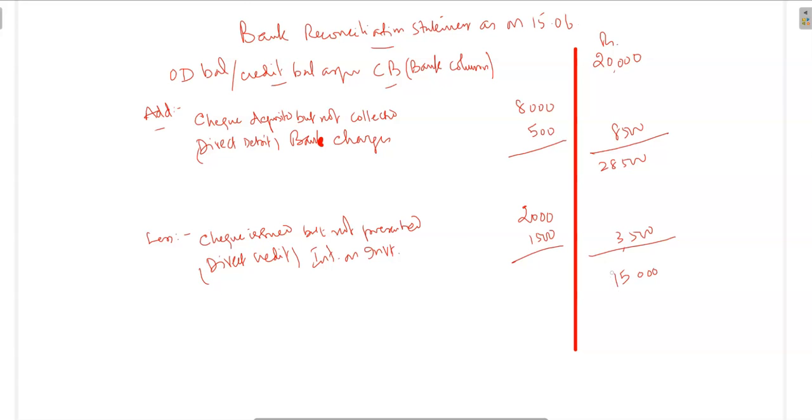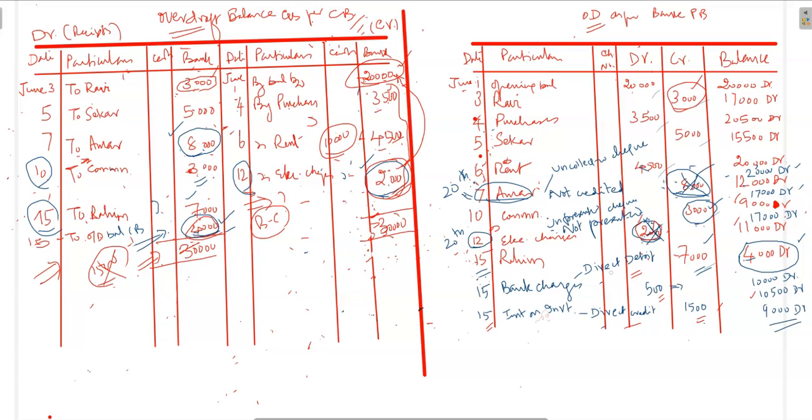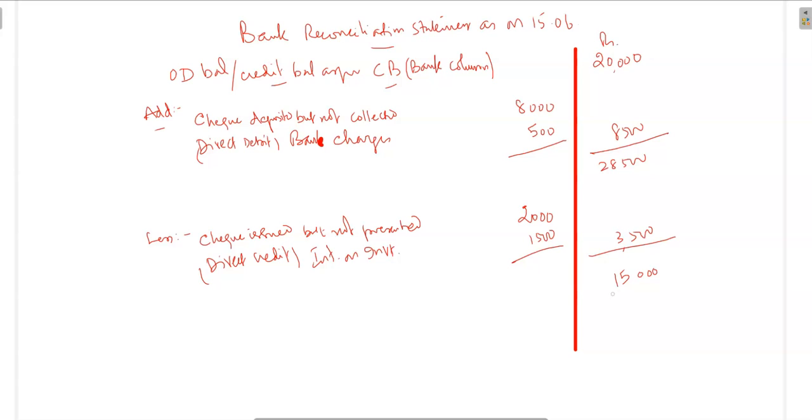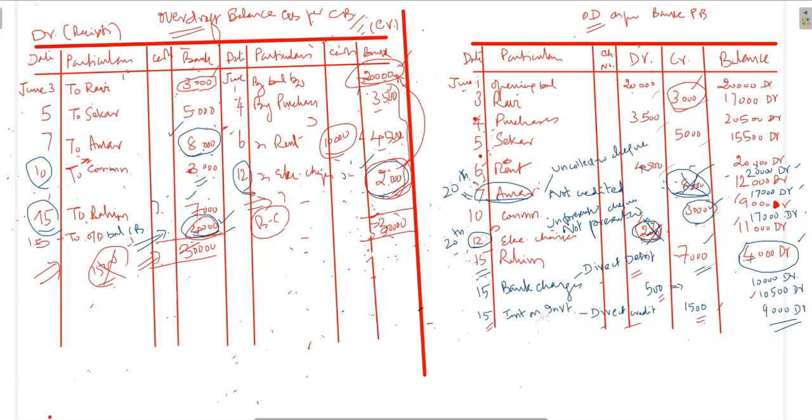So OD balance as per passbook. Okay, OD balance as per cash book, I think I have taken as a start balance. So this should have been taken as rupees, what is OD balance here? 4,000.